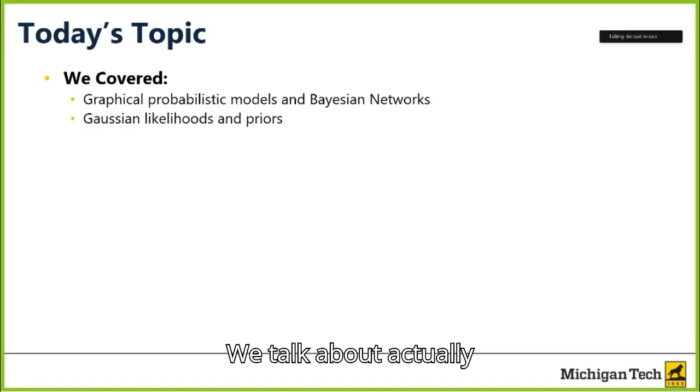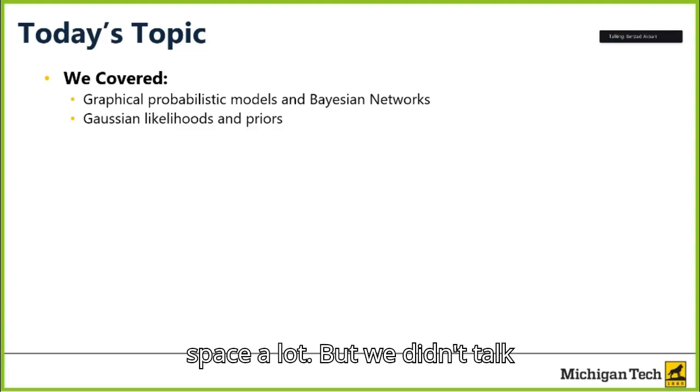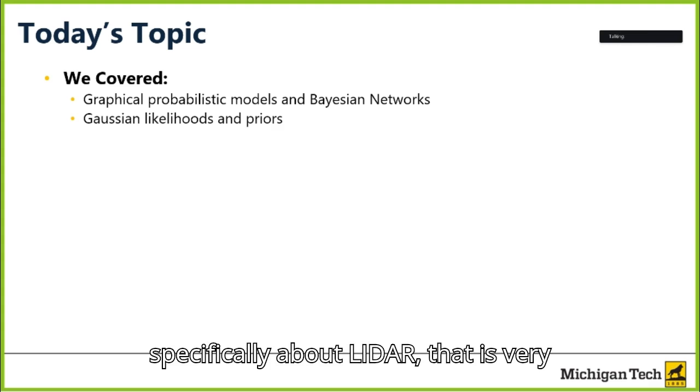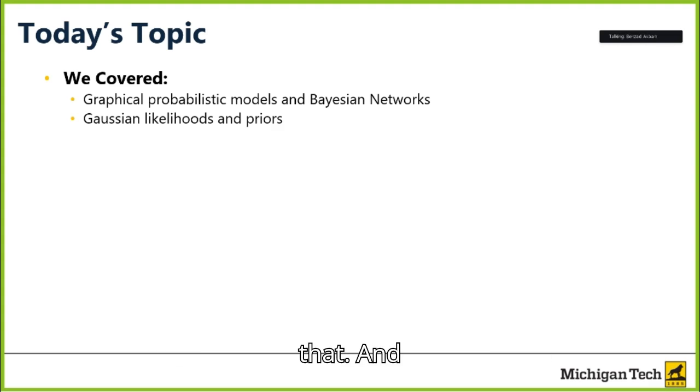We talked a lot about transferring between camera space and 3D space, but we didn't talk specifically about LiDAR, but it's very similar. So we're going to talk about that, and then we move to, again, graphical probabilistic perception.